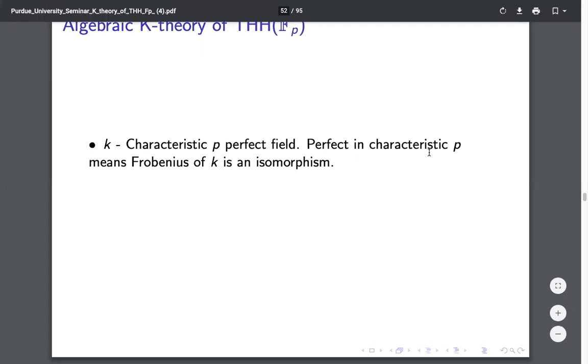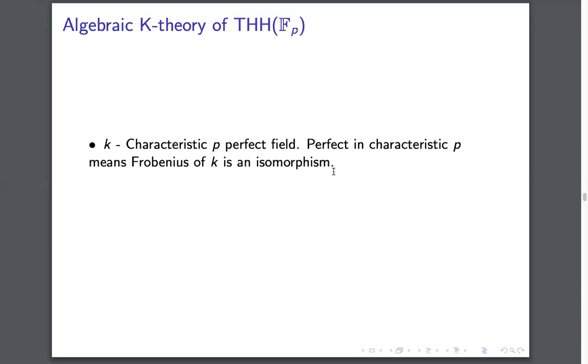Perfect in characteristic p means Frobenius of k is an isomorphism. Examples of perfect fields: Fp is a perfect field. All finite fields, all algebraic extensions of Fp are examples of perfect fields.